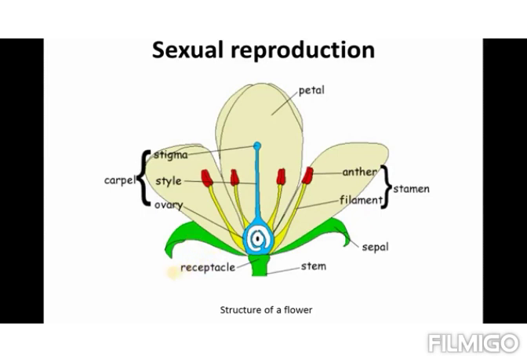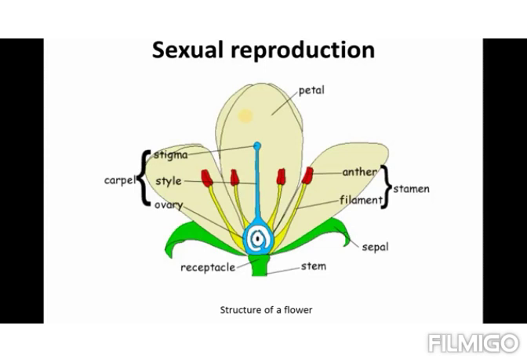The second whorl is called the corolla, and each member of the corolla is called a petal. You can see the petals here, and these petals are mostly colorful in nature. Why are they so colorful? They can be red, orange, yellow, blue.